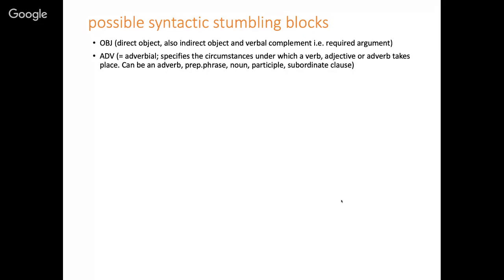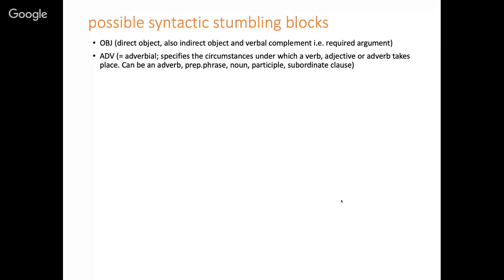So the OBJ, the object, is a bit wider thing in the dependency treebank guidelines. So it's used for the direct object, which is usually pretty clear, but it's also used for the indirect object and also for verbal complements, the required arguments.